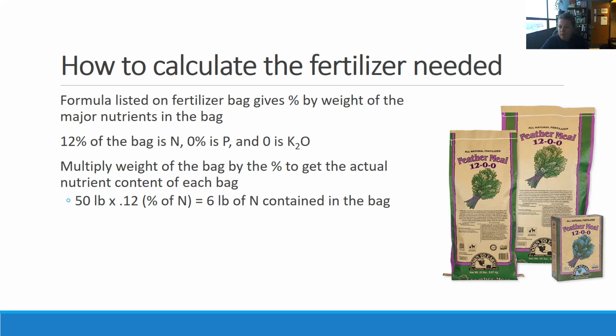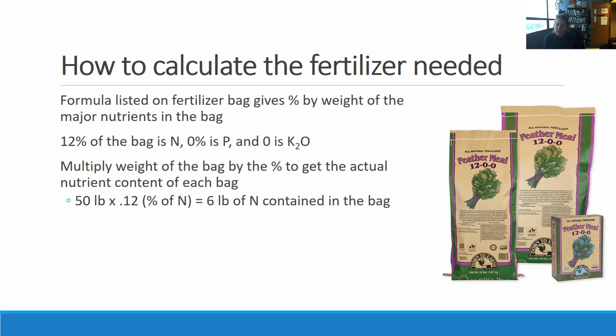Maybe for the garden folks out there, it's going to come back as pounds per 1,000 square feet or something like that. But for people with pounds per acre, maybe you're only growing a quarter of an acre or something like that, right? And so you need an exact amount. How much do I apply to this area?